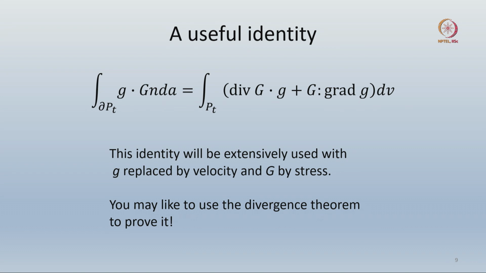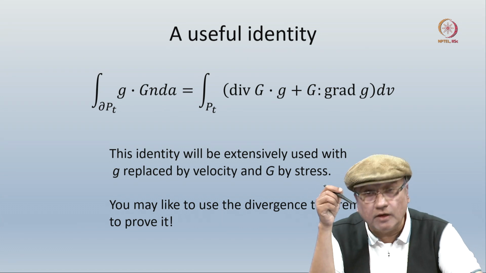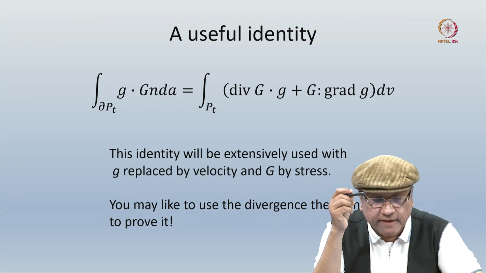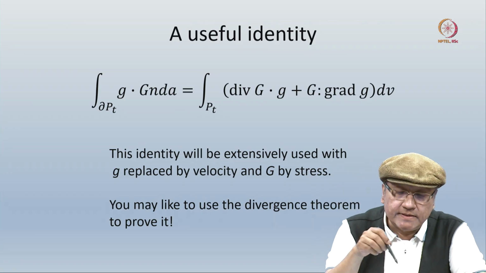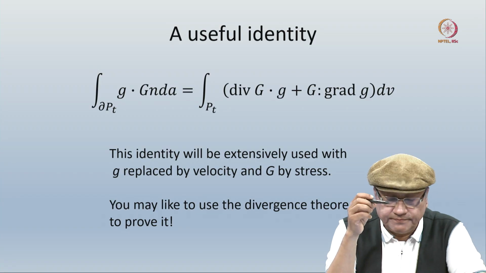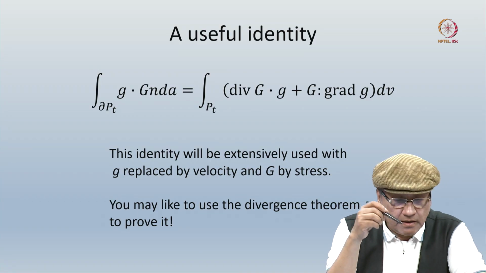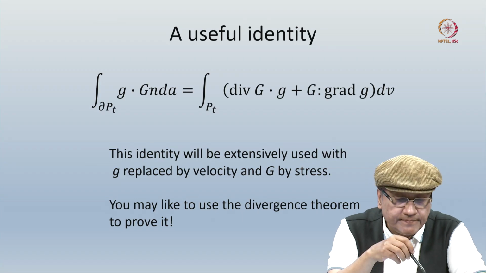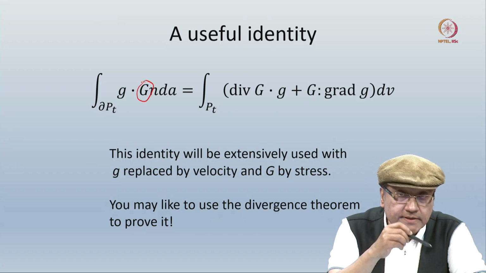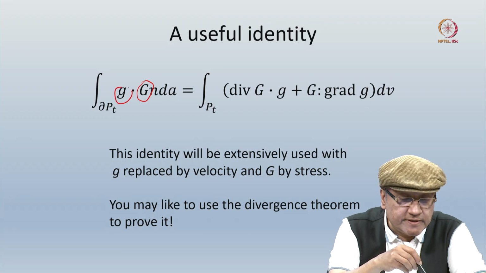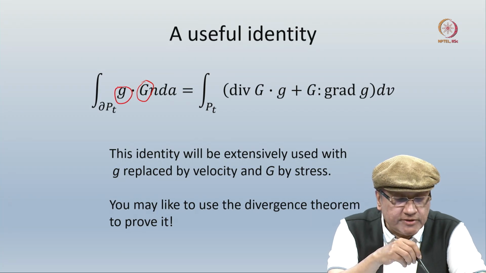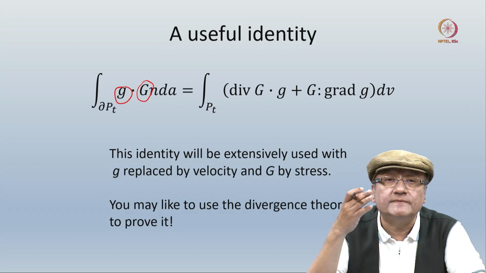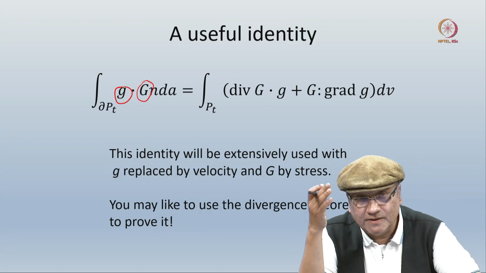Another useful identity that we often work with in mechanics of solids, especially in continuum mechanics, even in elasticity, is this. Consider capital G to be a tensor field and small g a vector field. Typically g is the velocity vector v in our case.